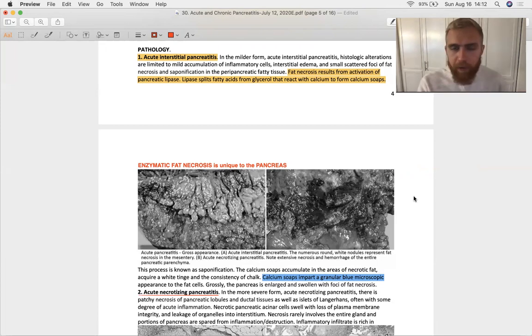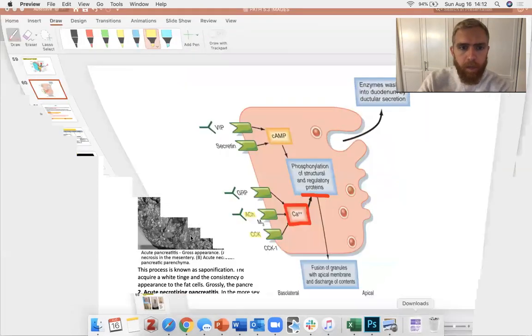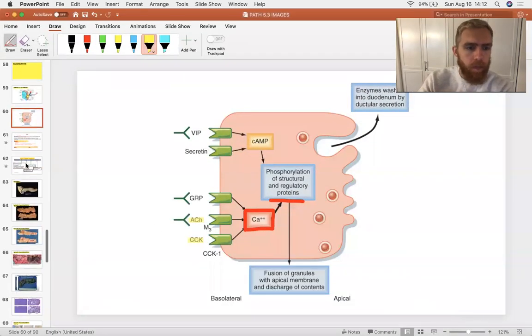Unless you're looking at the pancreas, it's not enzymatic fat necrosis. So lipase takes free fatty acids, and free fatty acids can react with calcium to form soaps. That's called saponification. And you can see the soapy fat calcium deposits on the outside as well as the inside of the pancreas.